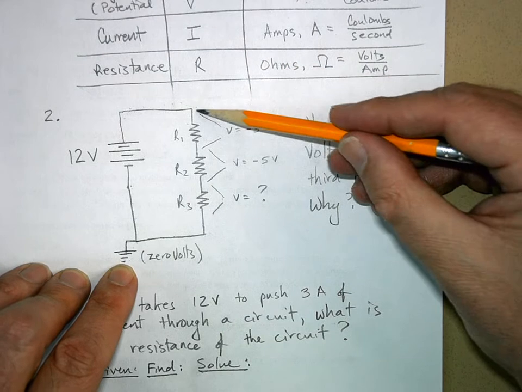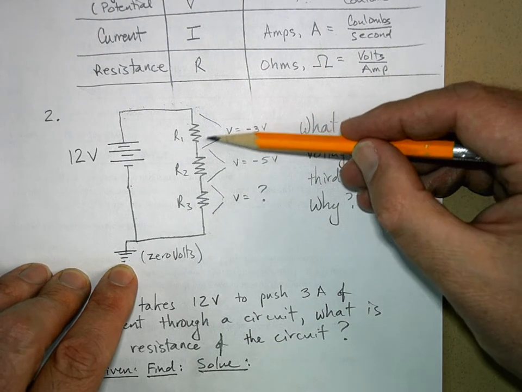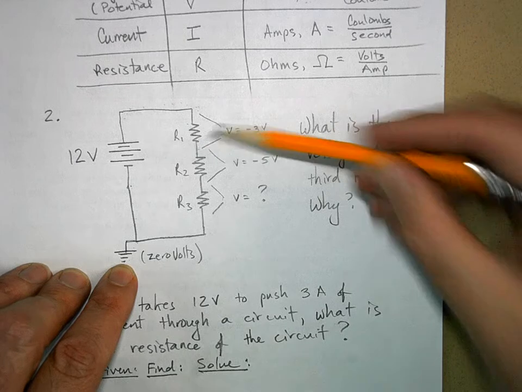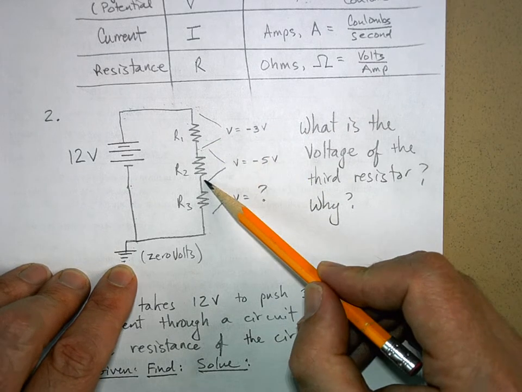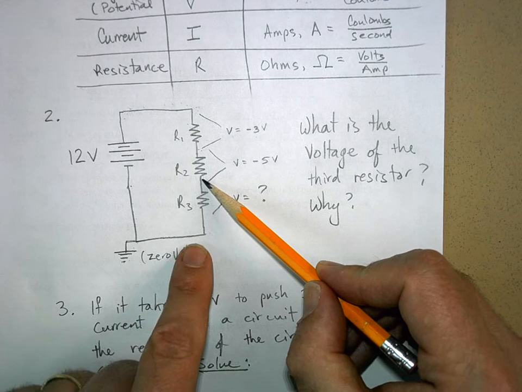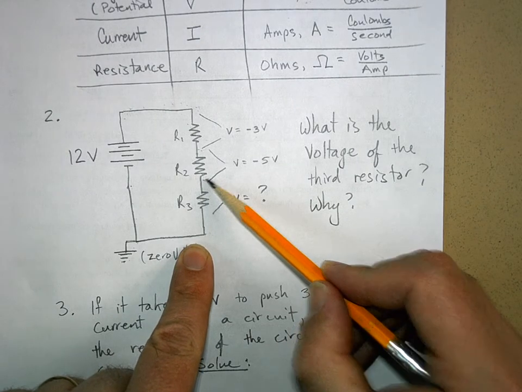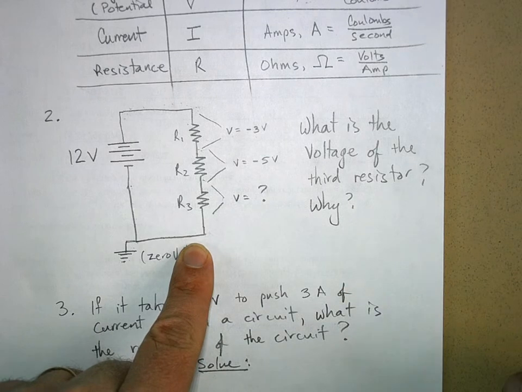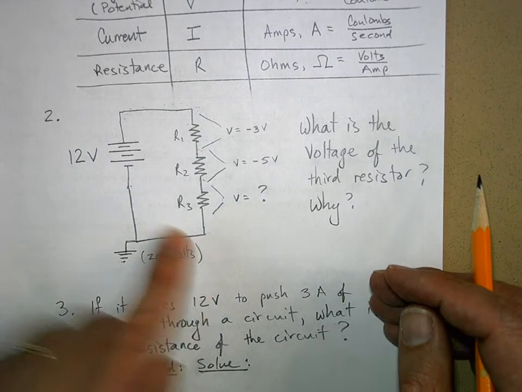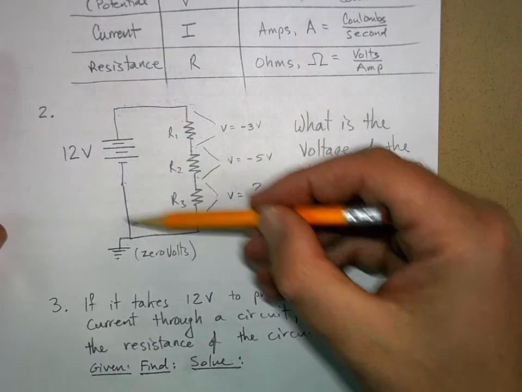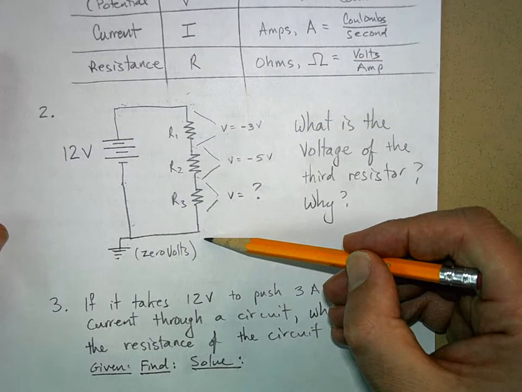But now you're going to go through a resistor. You drop down 3 volts, so that's minus 3. You drop down 5 volts. Now what do you want to get back to? You want to get back to 0 volts. So what does the voltage drop have to be on R3? It has to be 4 volts. Because if you go up 12, you have to go down 12.